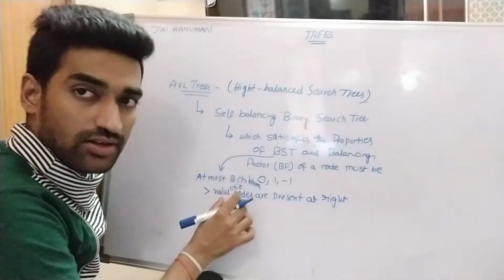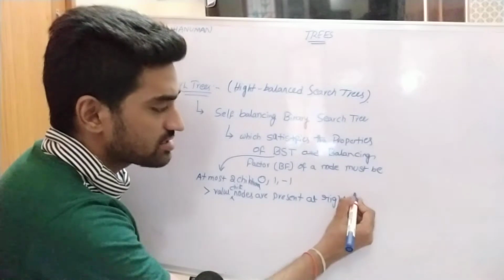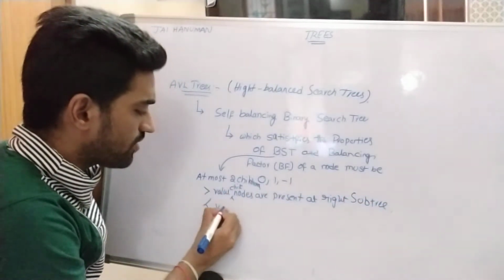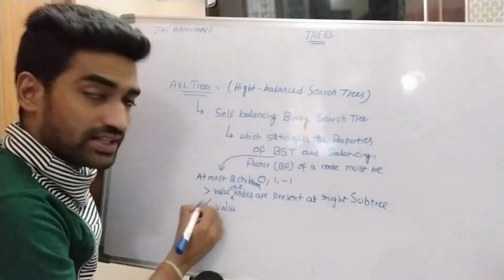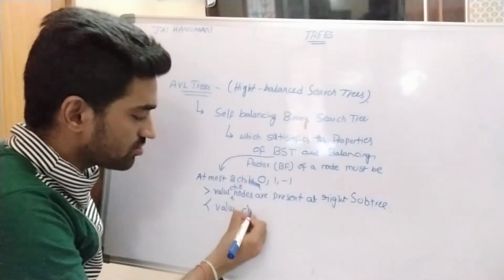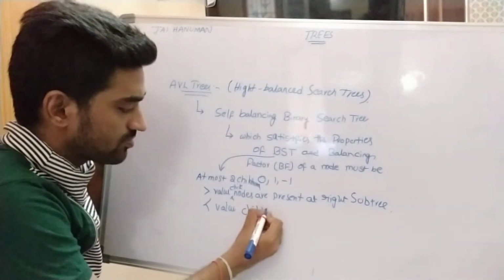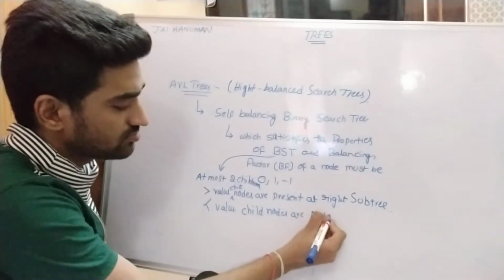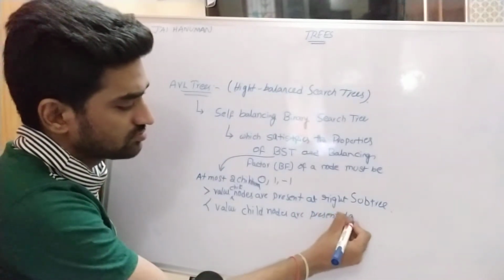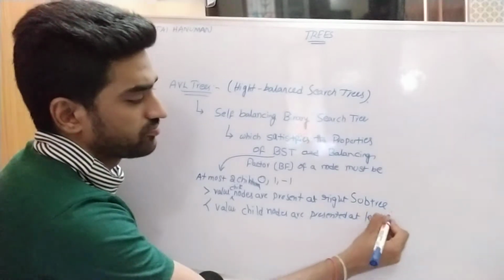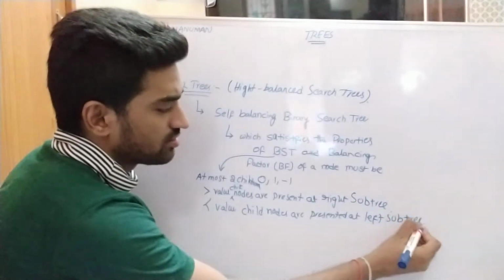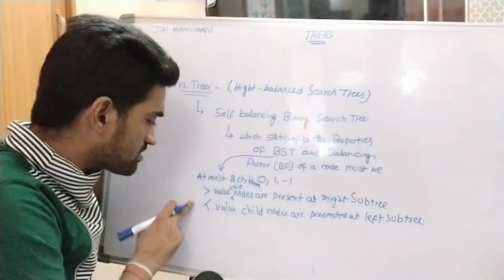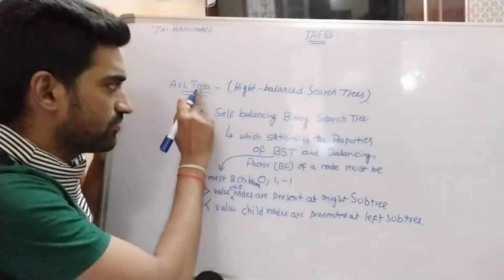Children nodes with greater value are presented in the right subtree, and nodes with less value when compared to the root are presented in the left subtree. So these are the 2 major properties of a binary search tree, and they are satisfied by AVL trees.